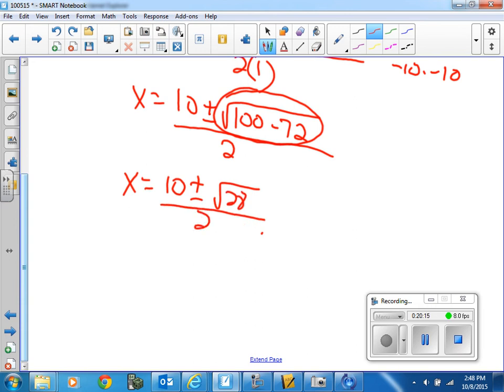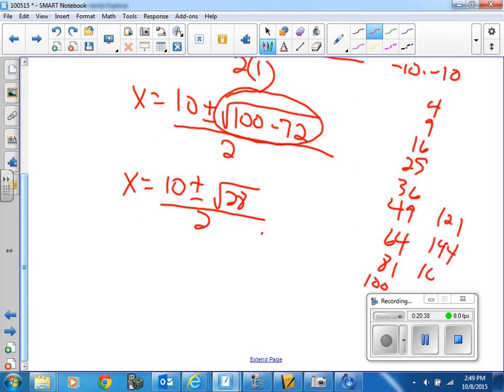All right, now I want to deal with this square root. It's not a perfect square. Remember, our perfect squares are 4, other than 1. 4, 9, 16, 25, 36, 49, 64, 81, 100, 121, 144, 169, 196, I think.